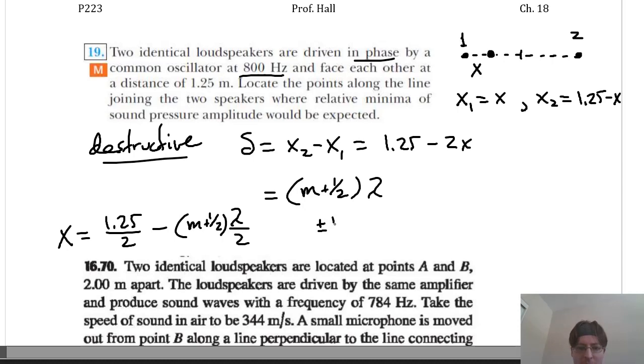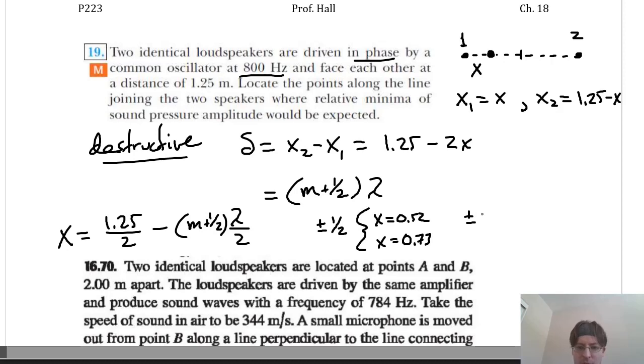So let me write these down. For plus or minus 1/2, I get the values of x which are just to the left and to the right of the center point. They're at 0.52 and at 0.73. Okay, then next I can look at the plus or minus 3/2 values. Plus 3/2 corresponds to m equals 1, and so on.